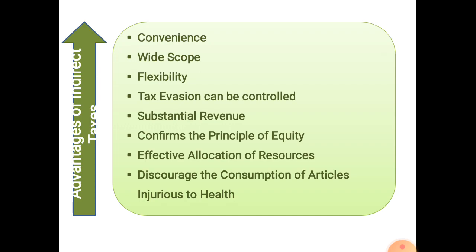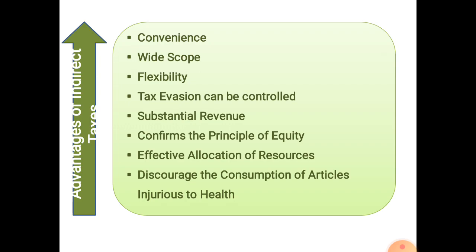Indirect taxes have inbuilt measures against tax evasion. Indirect taxes are included in the selling price of the commodities, so evading such tax becomes very difficult. Substantial revenue. Indirect taxes yield substantial revenue to both central and state governments.